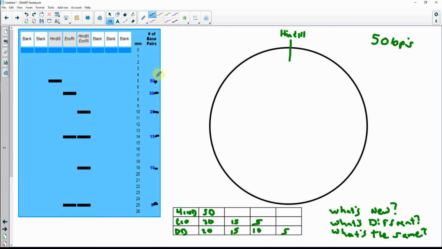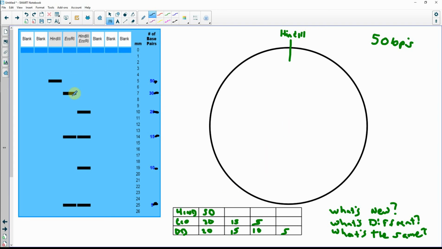But because it only ran to where 50 base pairs is, I know the whole piece of DNA is only 50 base pairs big. Now I can look at what EcoRI did. I've got my little chart here: HindIII, EcoRI, and the double digest. HindIII made one band that's 50 bases. That means there was only one cut, and the whole piece of DNA is 50 base pairs.